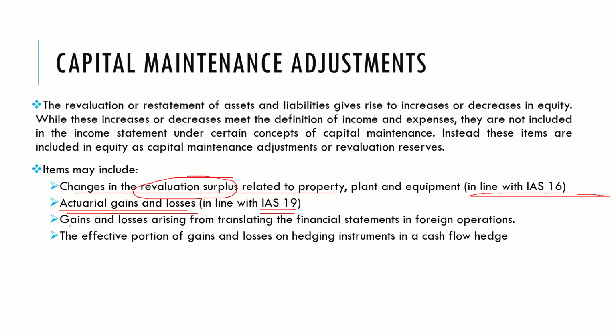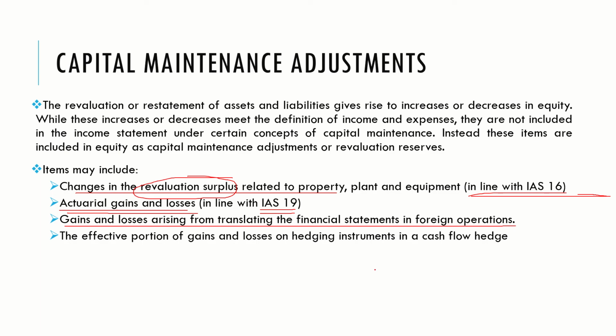Another would be any gain or losses arising from translating the financial statements from foreign operations, yung forex gain or losses, foreign exchange gain or loss, in accordance with your discussion pagdating ng accounting for business combination na subject.